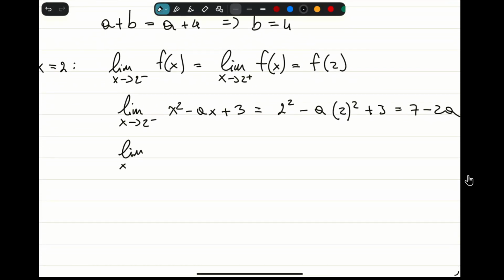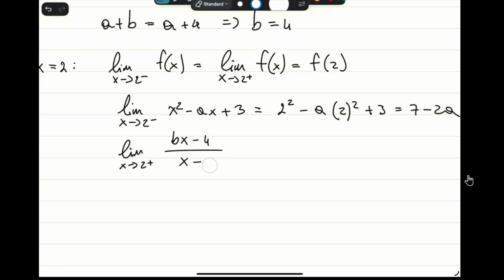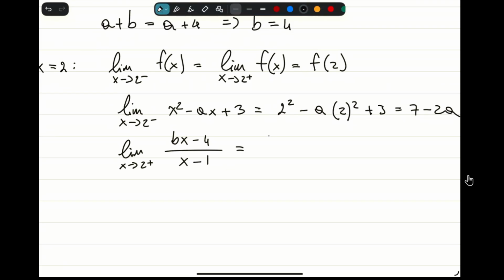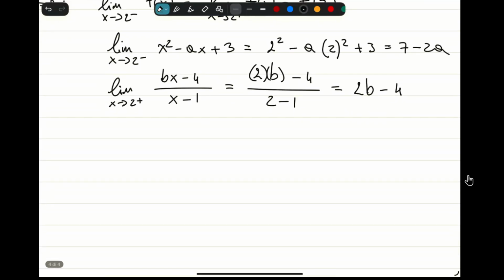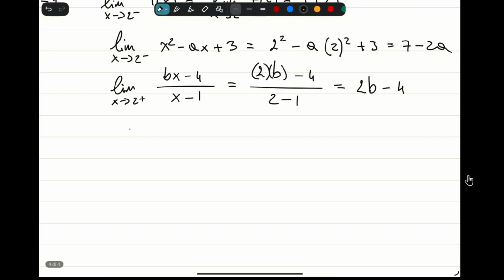And the limit as x approaches 2 from the right, this will be bx minus 4 over x minus 1, and this will just be 2 times b minus 4 over 2 minus 1. This will just be 2b minus 4, if I'm not wrong. Yes, so we have 7 minus 2a equals 2b minus 4.